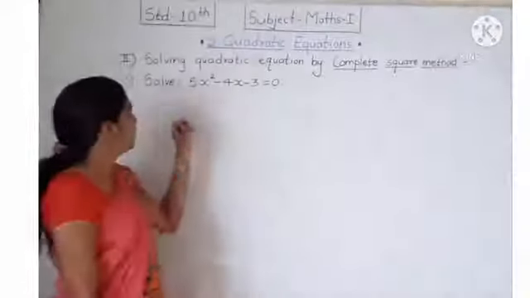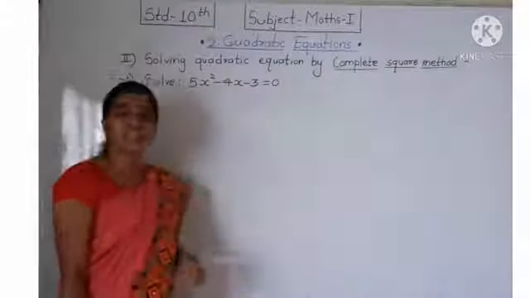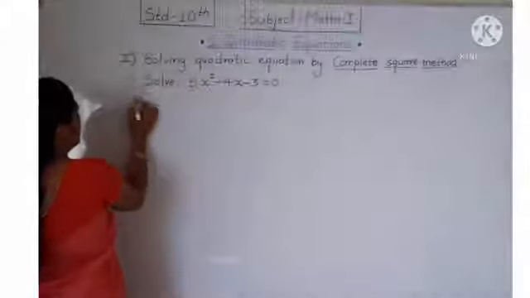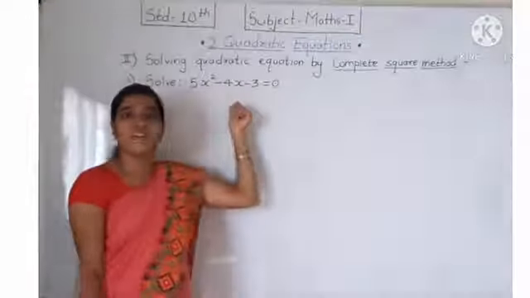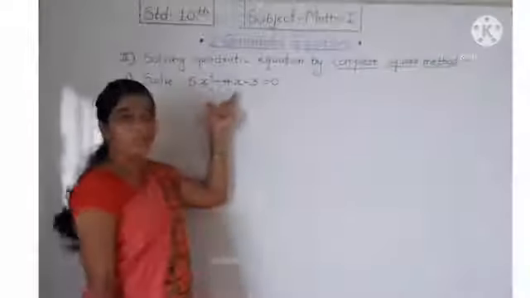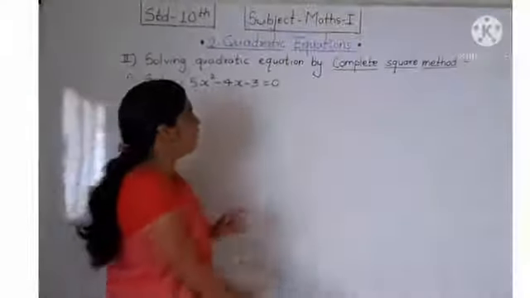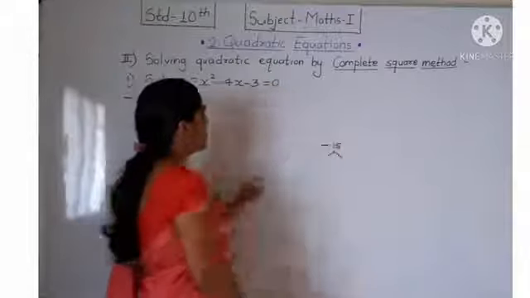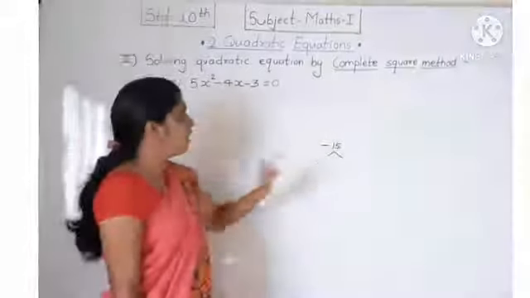See one example. Solve 5x square minus 4x minus 3 is equal to 0. Here we have to solve this quadratic equation. We had already learned the factorization method of solving it: 5 3s are 15, and we make factors of 15 such that their subtraction becomes 4.